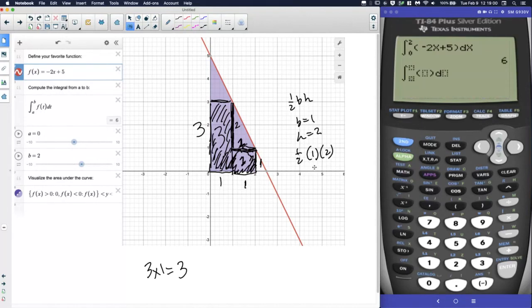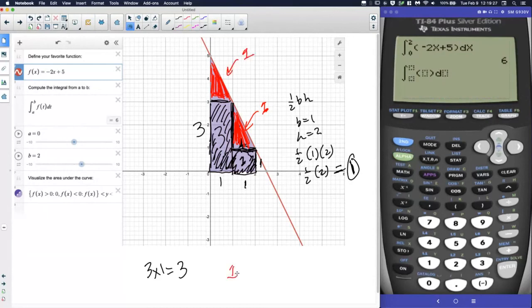And that would be 1/2 times 2, which will give me 1. Let's use a different color. So this whole thing here, area equals 1. And if you look here, isn't this the same shape? The area here equals 1.